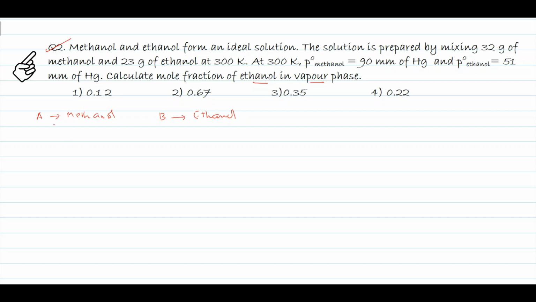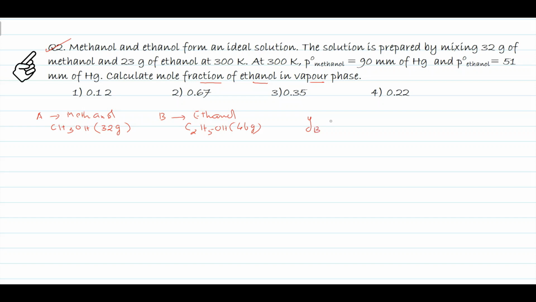Methanol, all of you know, its molecular formula is CH3OH with the molar mass 32 gram. Ethanol, it is C2H5OH with the molar mass 46 gram. Here we have to calculate mole fraction of ethanol in the vapor phase. Mole fraction of ethanol in the vapor phase is YB.